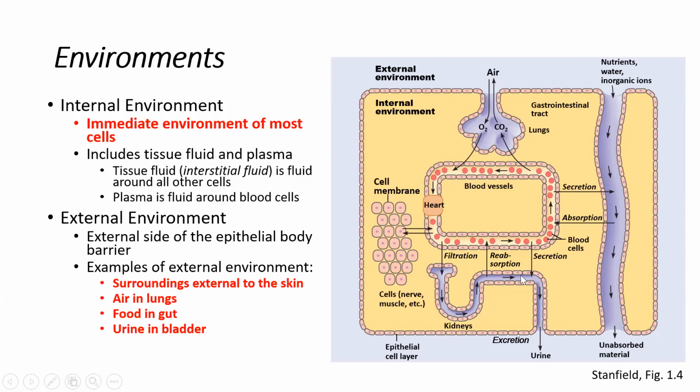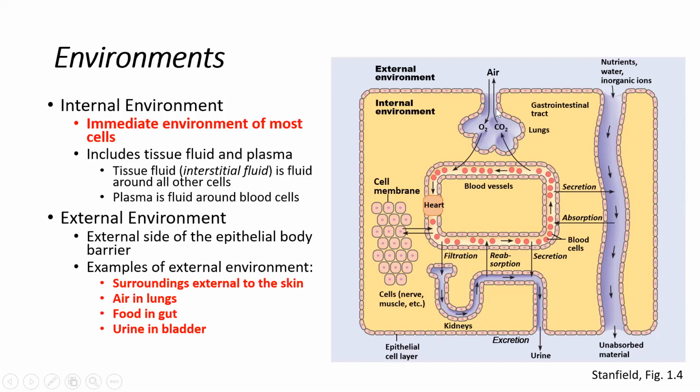Okay, and we also want to point out the type of tissue that is found at the junction between the internal environment and the external environment. We call that type of tissue epithelia. The lining tissue that separates the internal and external environment is called an epithelial lining. We find that lining the lungs, the alveoli of the lungs.